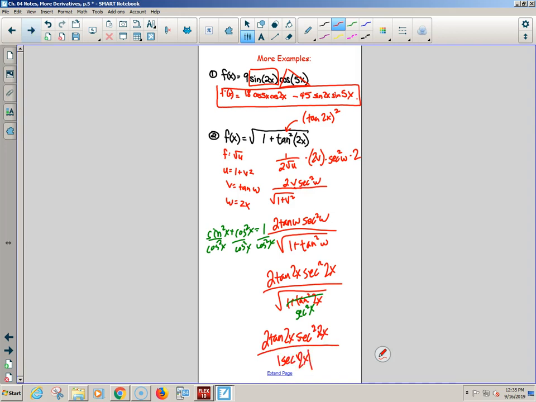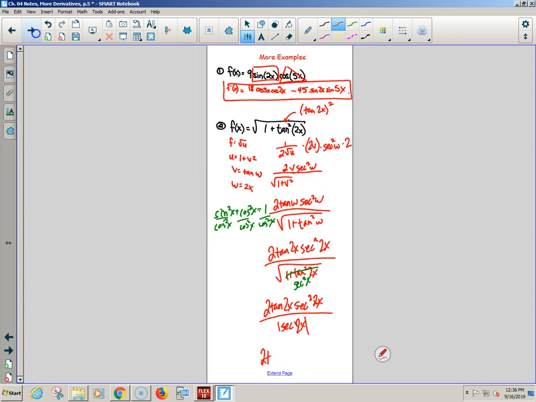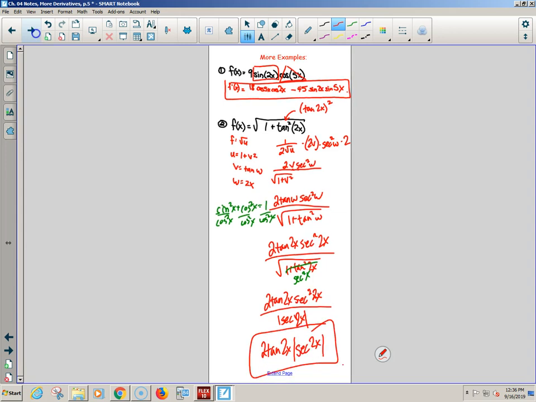Sorry, I cannot do the 2x today. How do I reduce secant squared of 2x all over absolute value of secant? Wouldn't this be a positive? And when I reduce, can't secant be negative? So how do I resolve that? Wouldn't I need him to be an absolute value up there? Does that kind of make sense?